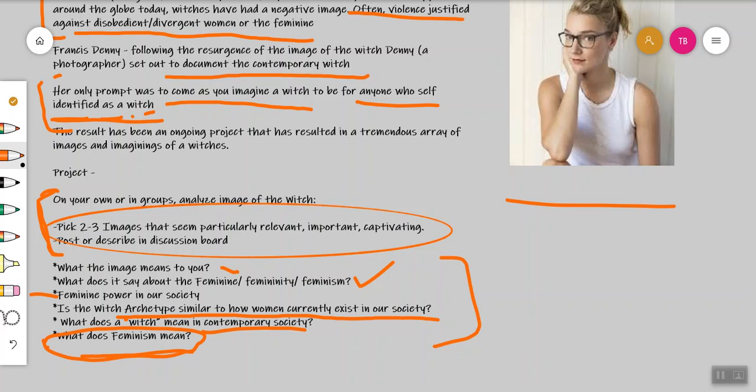So any of these questions, all of these questions, or anything that comes to mind as you're taking a look at these images, please feel free to go into detail and describe them and have a conversation with each other about these things. We could go deeper into what Federici was talking about and what Denny's doing, using this idea of the witch as a way to look a little more deeply into what's going on in our society.